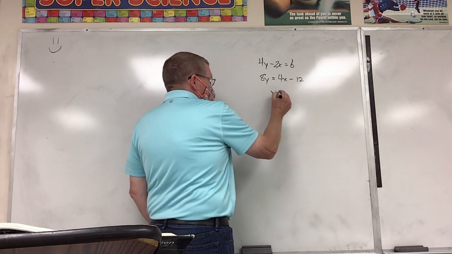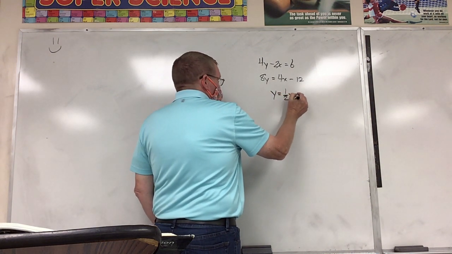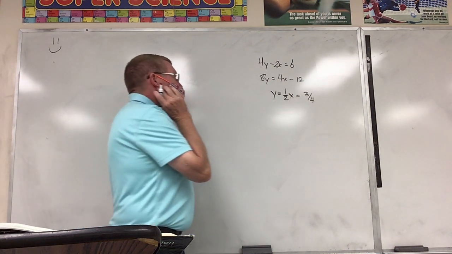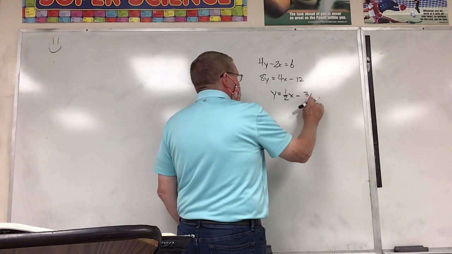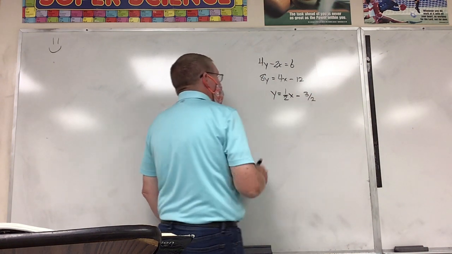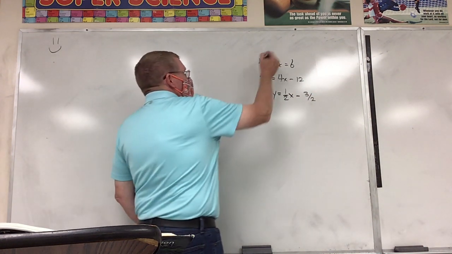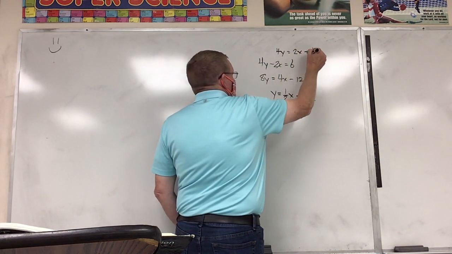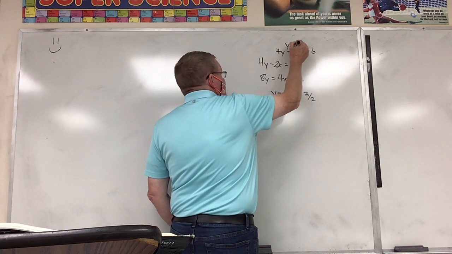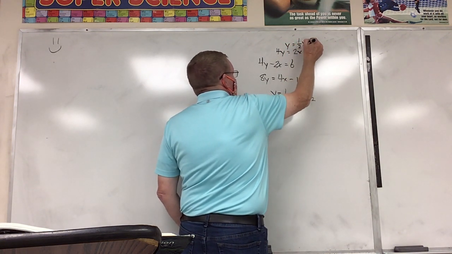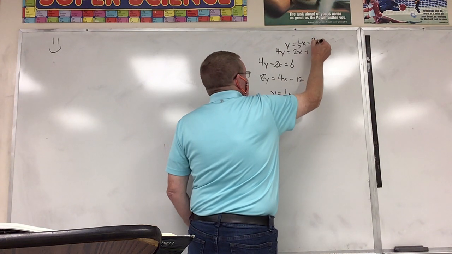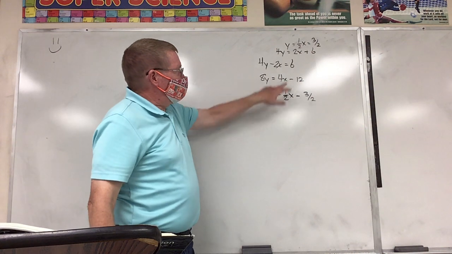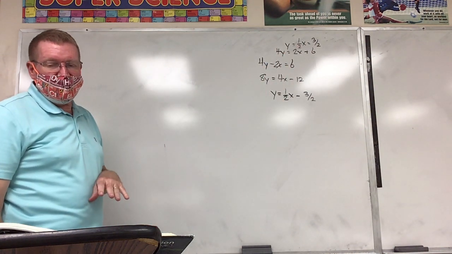Divide by 8. Nope, it's wrong. 3/2. And here, solve for y. Divide by 4. So when I notice here, I get 1/2, my slopes are the same; my slope is the number in front of my x.